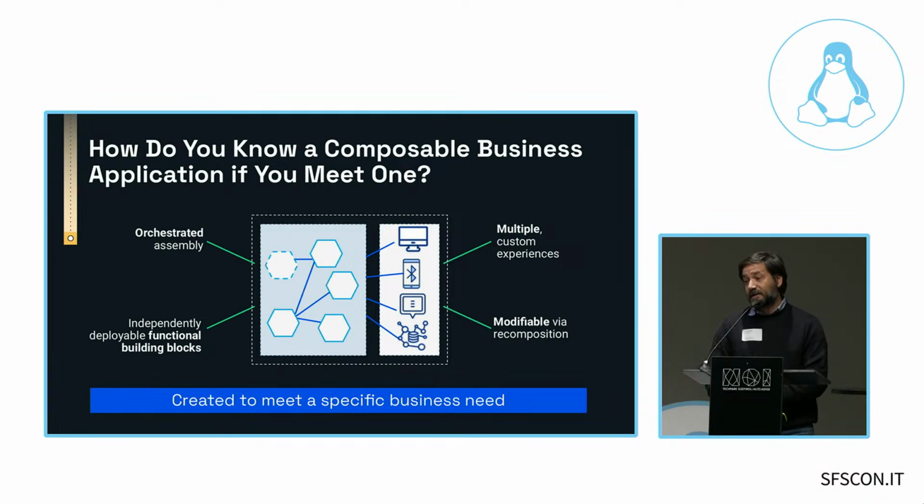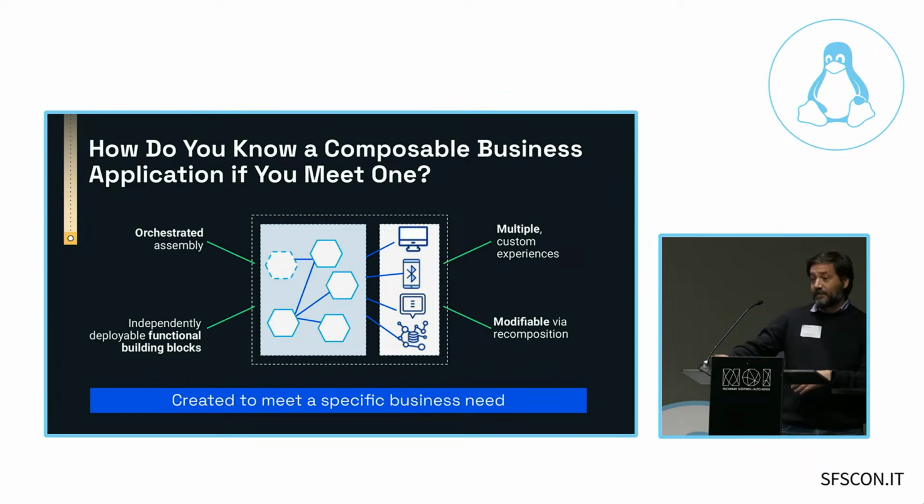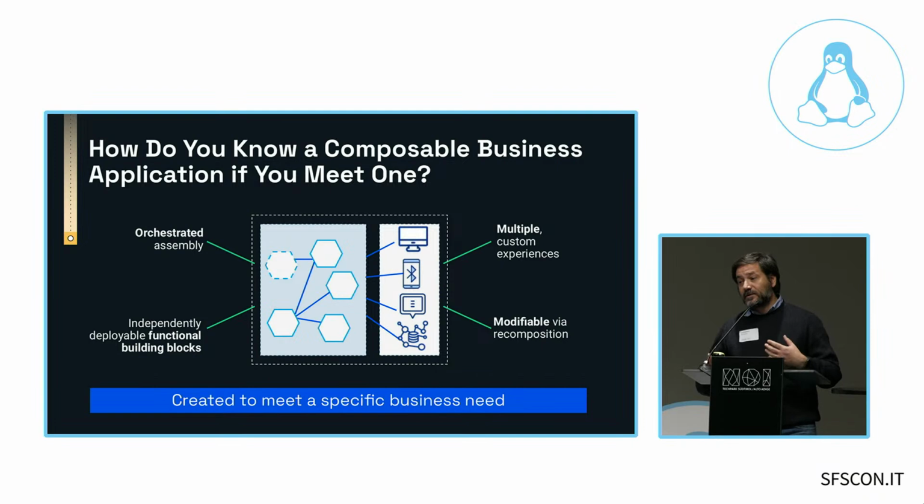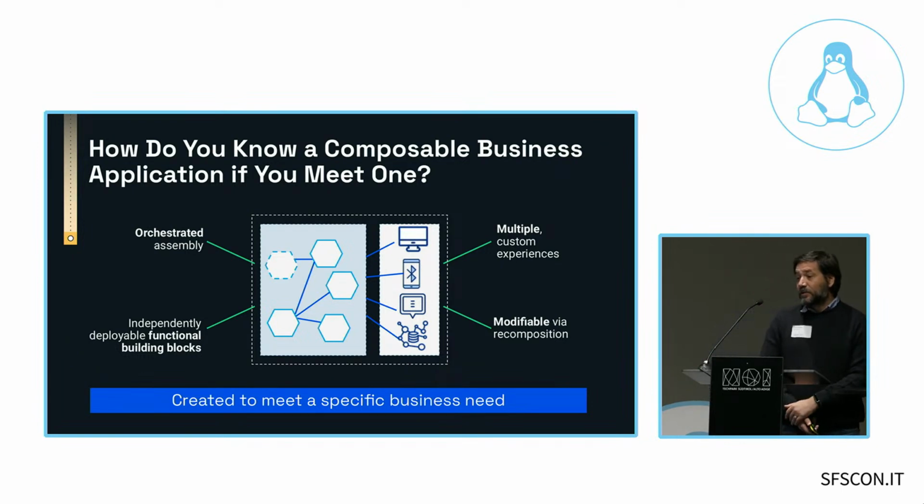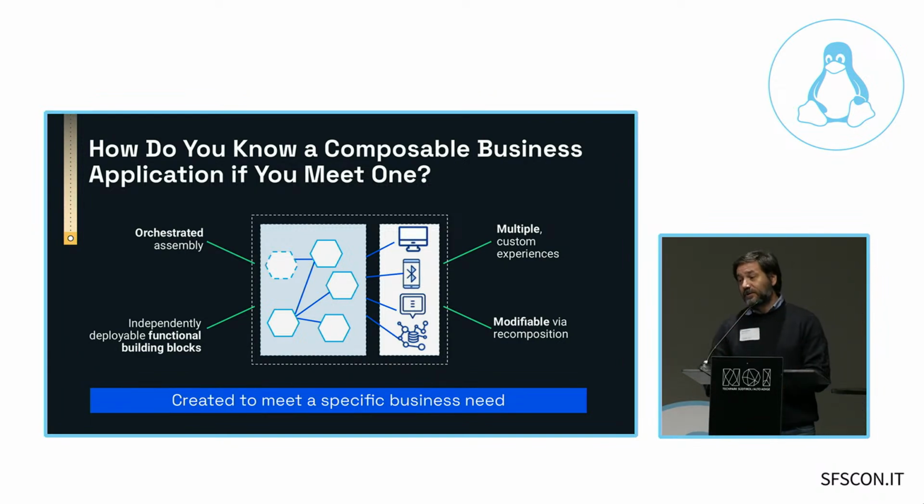So you can have here a representation of multiple channels with web, mobile, IoT, whatever. Once you have the software and the information, you can empower this information to serve whatever you like to do. And what is important is that you can modify the global software by recomposition.